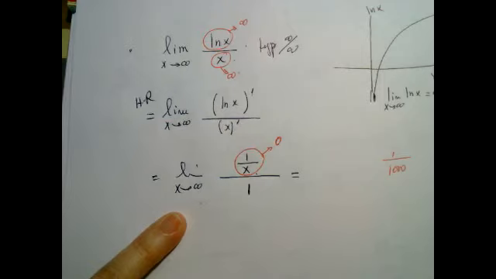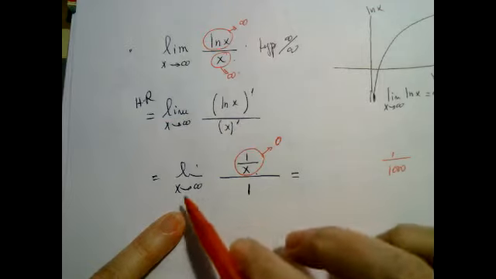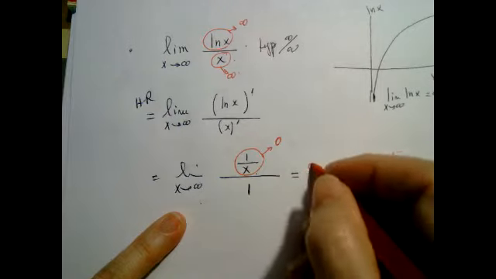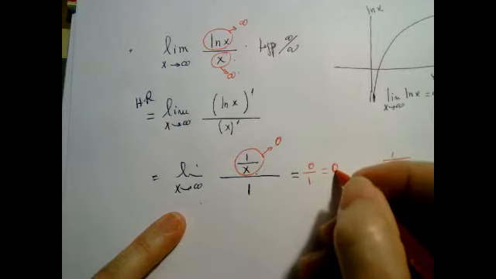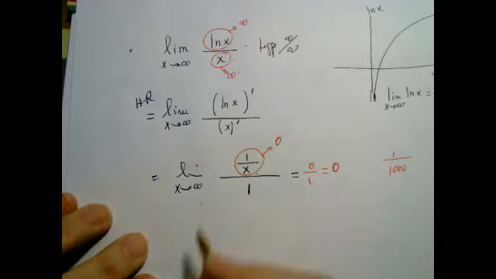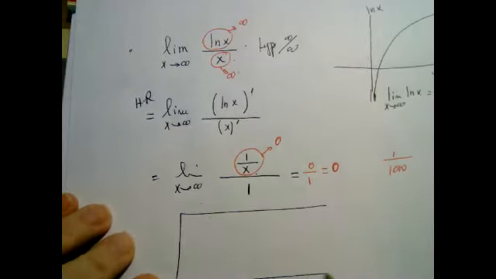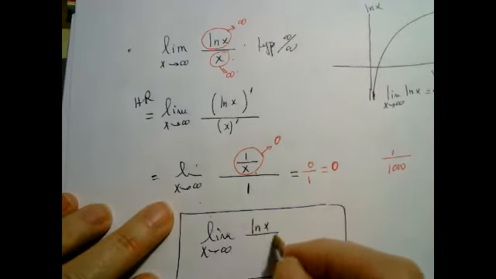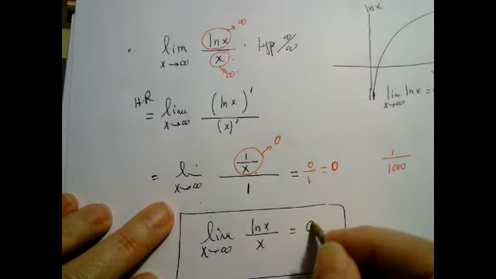Of course, it's a small number. 1 over 10,000. So if you ever forget, just plug in numbers. When x becomes very large, if I take 1 divided by something very large, I get something very small. And this is 1. So I will have 0 over 1, which is equal to 0. So this tells me that when x goes to infinity, ln of x over x is equal to 0.